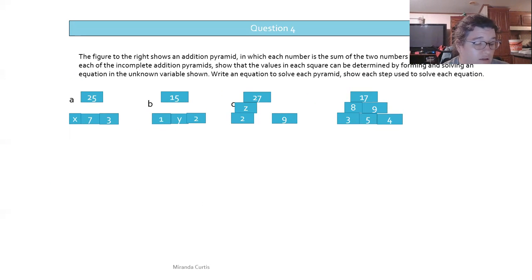For each of the incomplete addition pyramids, show the value in each square can be determined by forming and solving an equation in the unknown variable shown. Write an equation to solve each pyramid. Show each step used to solve each equation. So, people, this is what we're going to do. I have it written down.